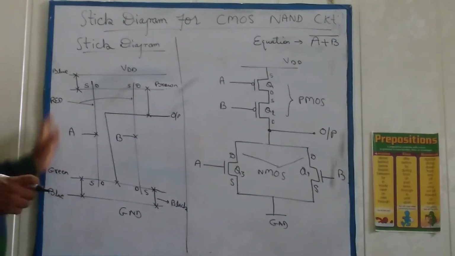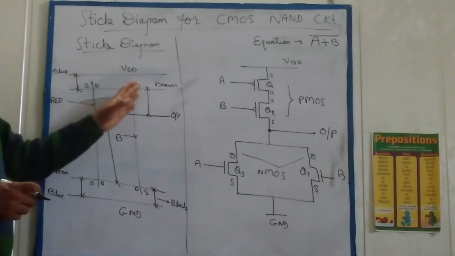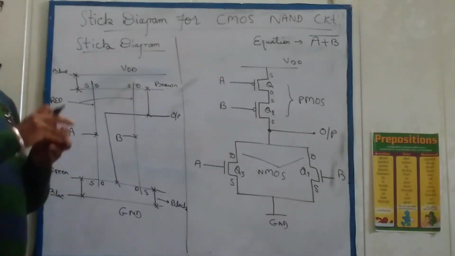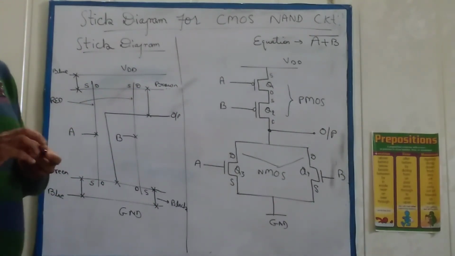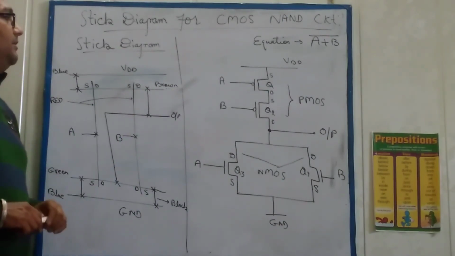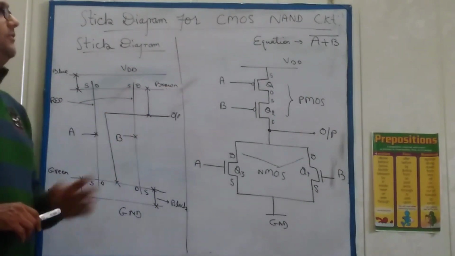So this is basically a layout pattern that is to be transferred on the wafer so that the IC can be formed, right? So this is all about how the stick diagram can be formed from any circuit.